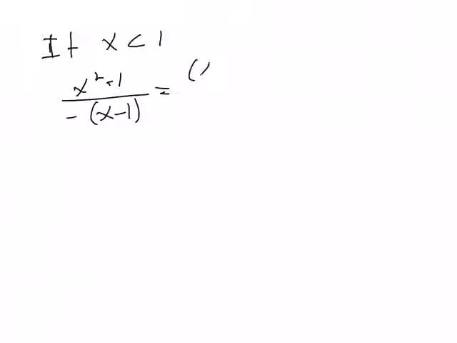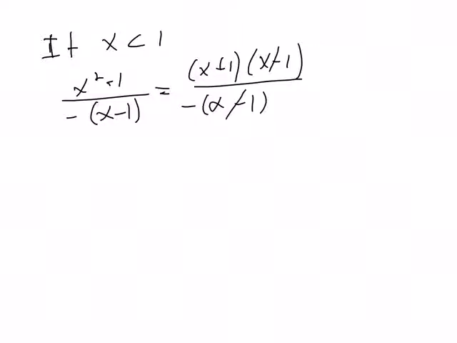We know that when x is less than 1, we have x squared minus 1 over negative x minus 1, which is equal to x plus 1 times x minus 1 over negative x minus 1.